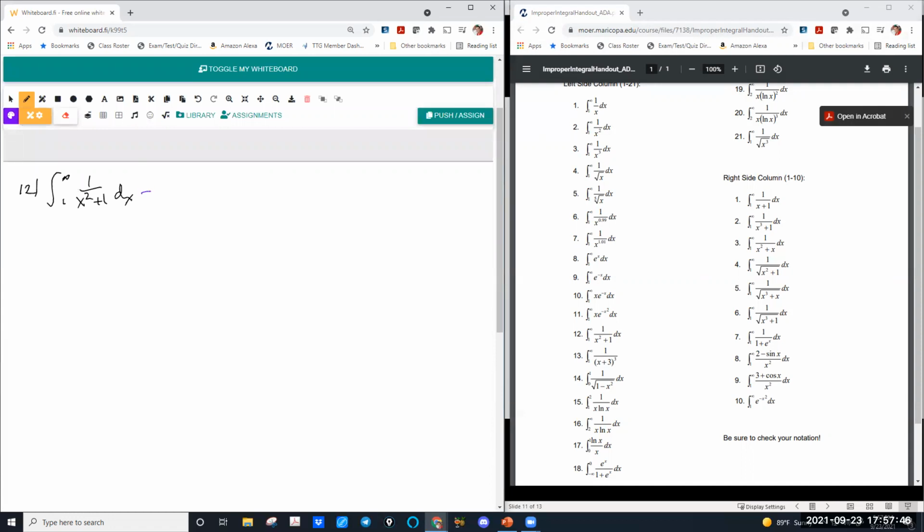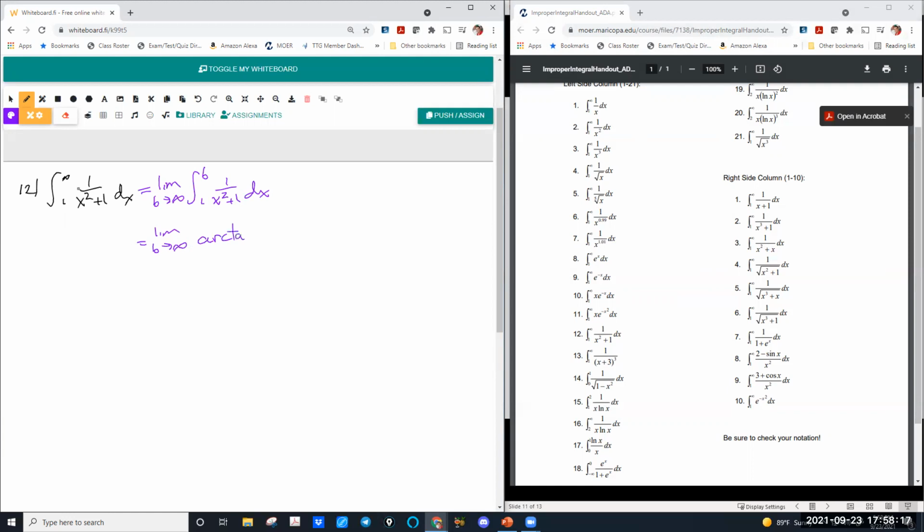All right. So first thing we do, limit as b goes to infinity of the integral from 1 to b of 1 over x squared plus 1 dx. We're going to do the antiderivative there. This is arctan. This is why I'm choosing this one. We've taken the antiderivative. It's arctan.